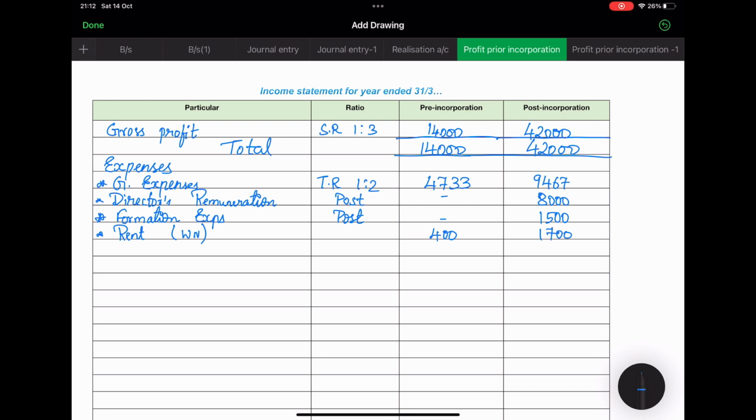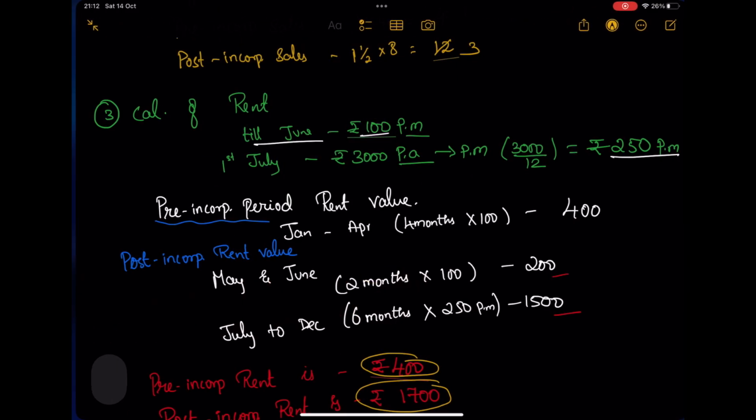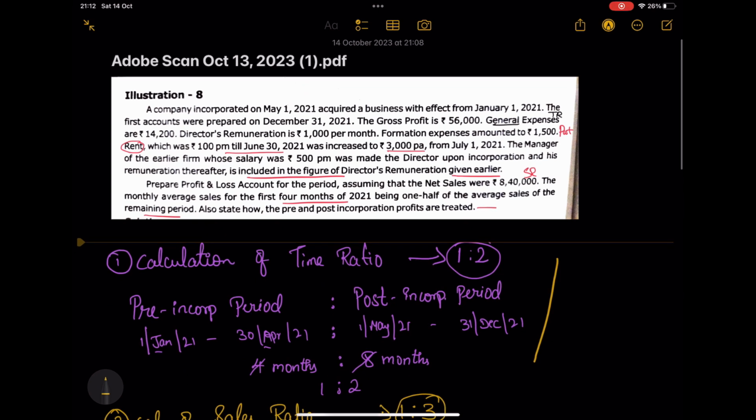Manager of the earlier firm whose salary was rupees 500 per month, where see the statement is manager of the earlier firm, which means pre-incorporation. For example, some manager has been working in the old company for whom they are going to pay the remuneration now. So this expense is full and full related to pre-incorporation.